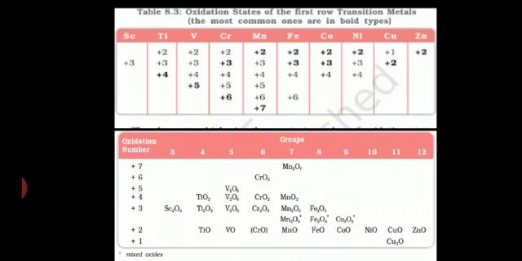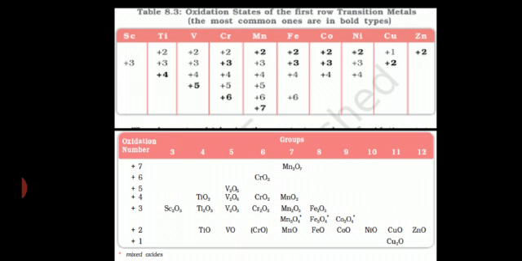So we have seen earlier that the electronic configuration of the transition elements is of the type (n-1)d 1 to 10 and ns 1 to 2. The energies of (n-1)d orbitals and ns orbitals are very close, and there is not much difference in them.